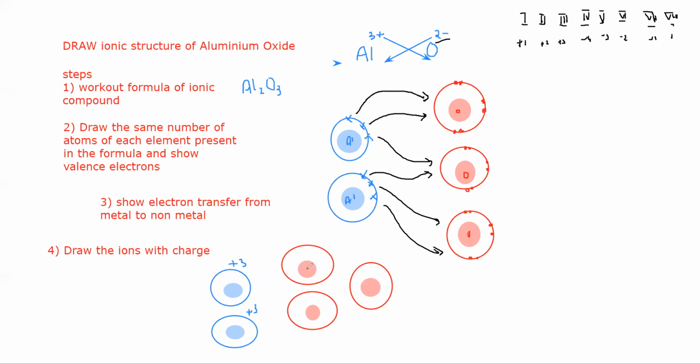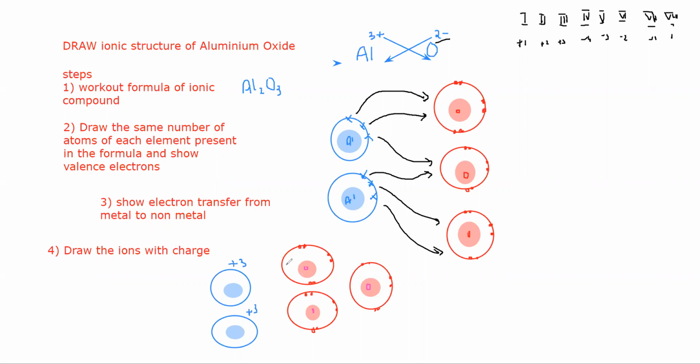Each oxygen has 6 electrons that already belong to oxygen, and 2 electrons it took from aluminium.